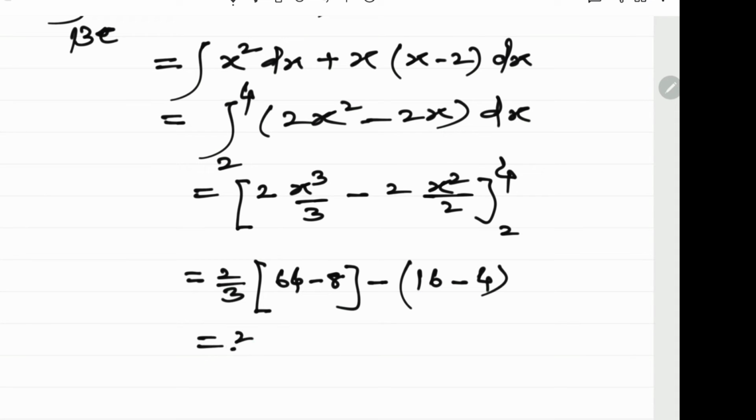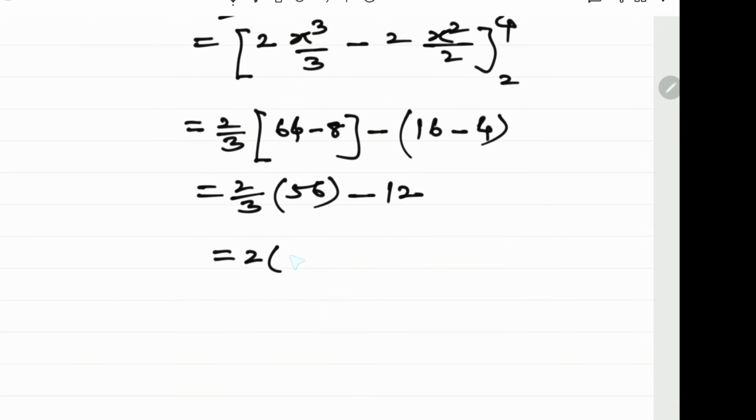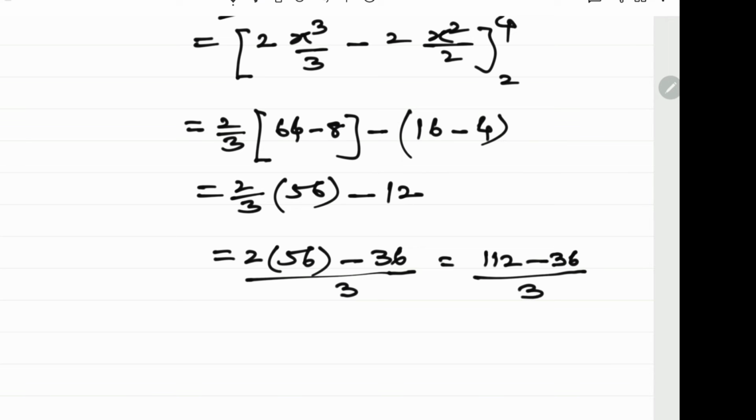We get 2 by 3 into 56 minus (16 minus 4, that is 12). Finding LCM, we get (2 into 56 minus 36) divided by 3, and therefore the value is 112 minus 36 by 3, and therefore it is 76 by 3, the value for the second line integral.